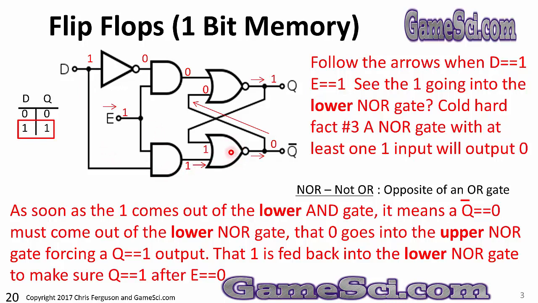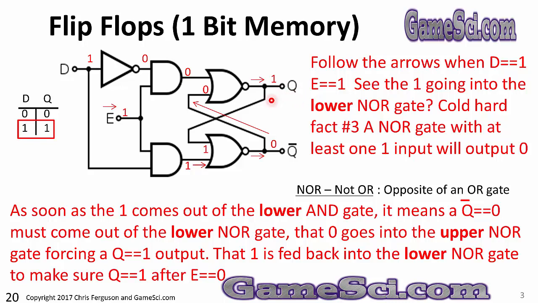A 1 on this NOR gate guarantees a 0 on the output. As soon as a 1 comes out of the lower AND gate, it means a Q naught equal to 0 must come out of the lower NOR gate. That 0 goes into the upper NOR gate, forcing a Q equal to 1. And there's the 1 being stored in the flip-flop.